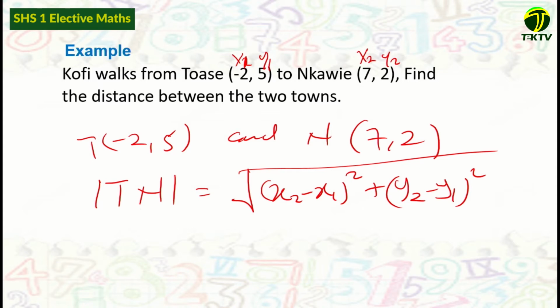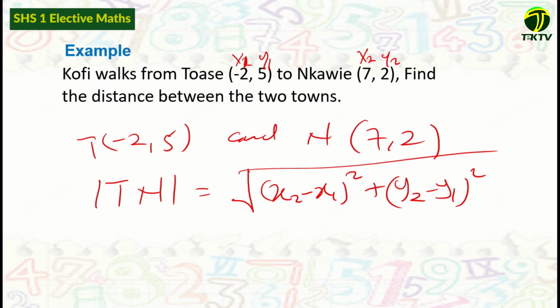x2 is 7, so you have 7 in there. x1 is -2, so that becomes 7 minus -2. Note, when you have two negative signs coming together, it becomes what? Positive. So note that carefully. Then your y2 is given as 2, y1 is 5, so that becomes 2 minus 5.